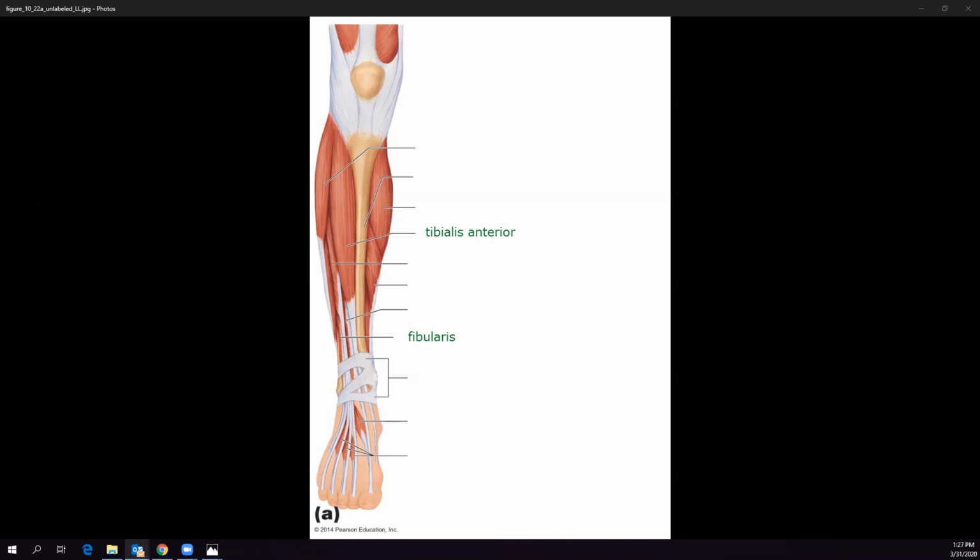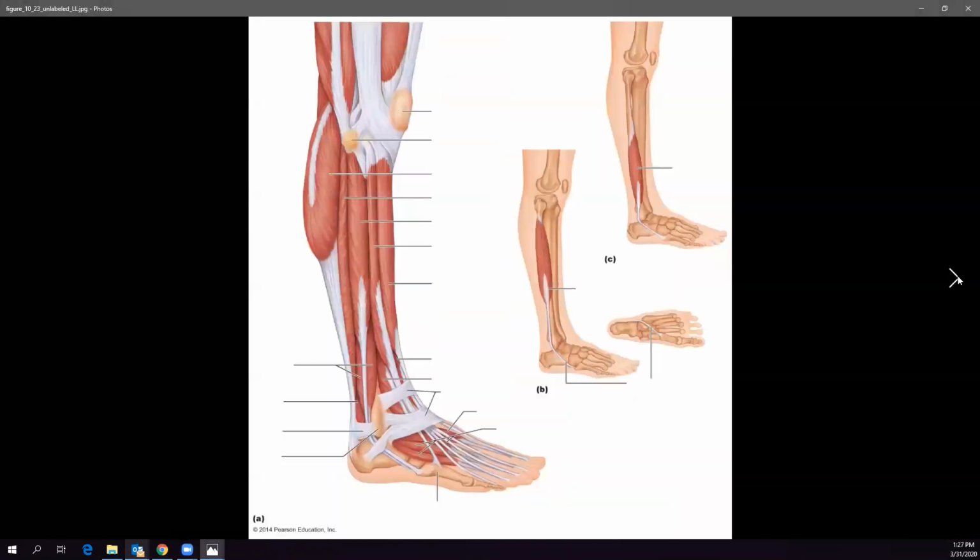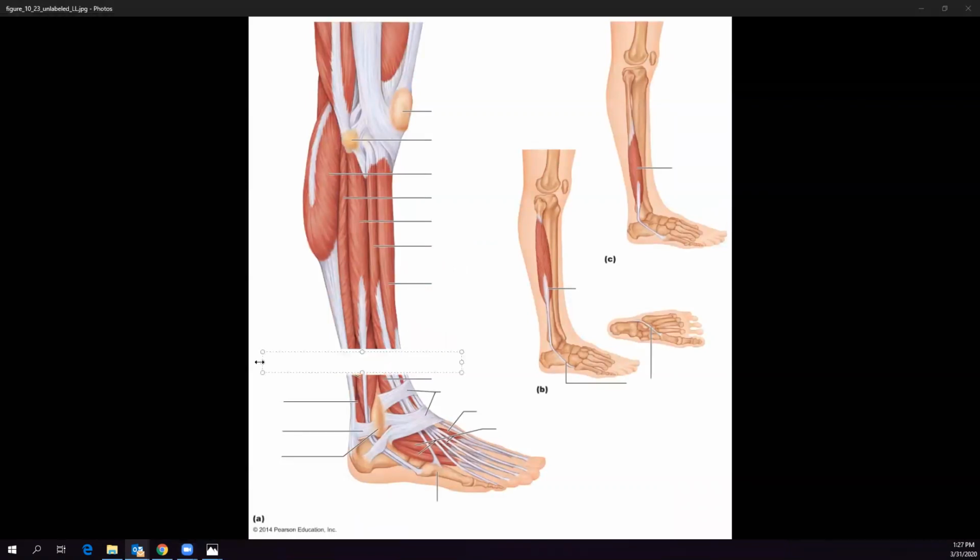So let's go to here. There we go. Okay, so now we definitely can see the fibularis muscles right here. This is a fibularis. I'll put fibularis there.